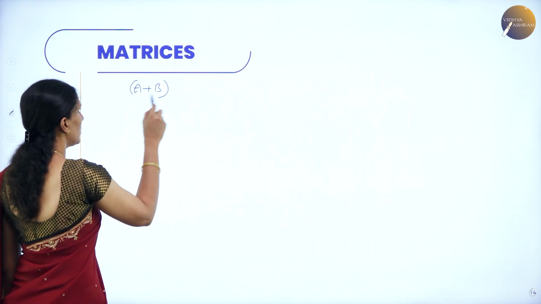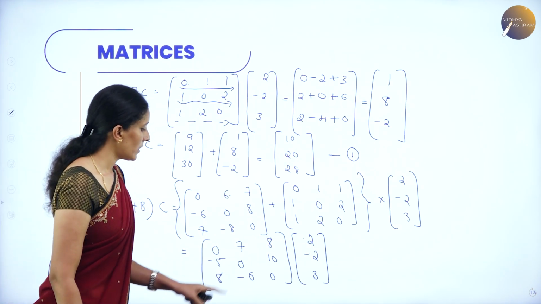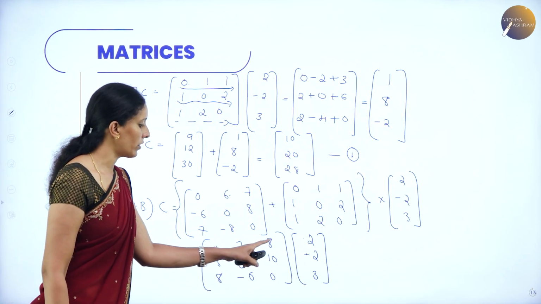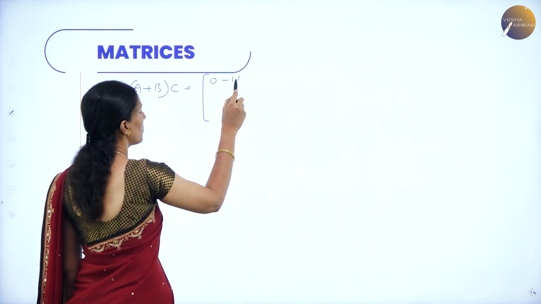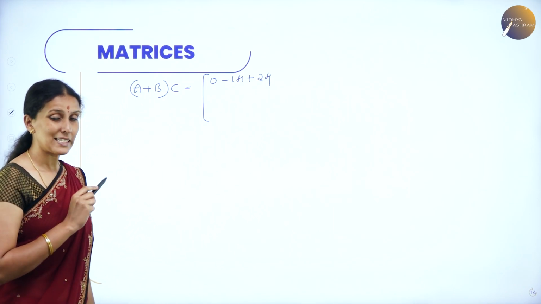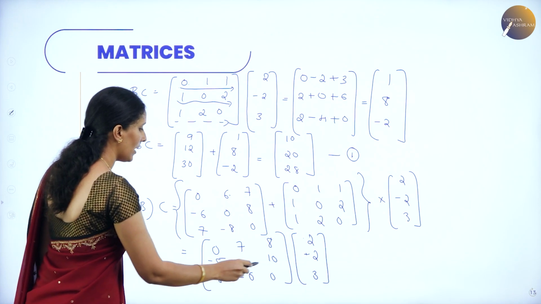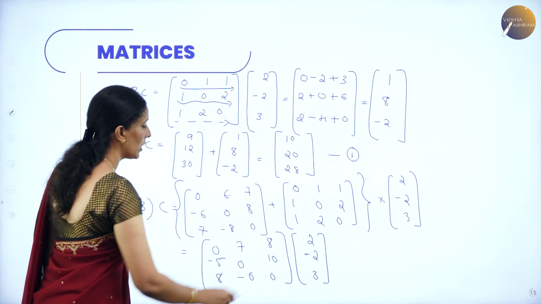A plus B into C is equal to, so 0 into 2, 0, 7 2s are 14, 8 3s are 24. So 0 minus 14 plus 24. So first row into first column element is done. Next is second row into first column. Minus 5 into 2, minus 10, 0, 30.